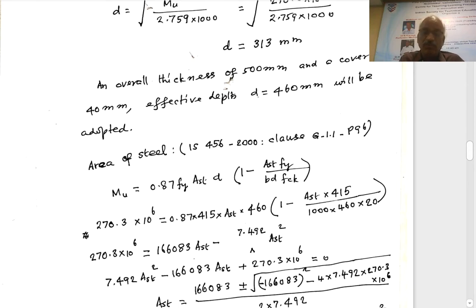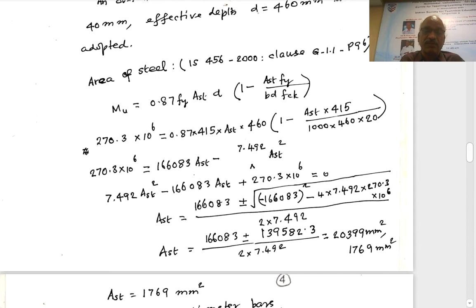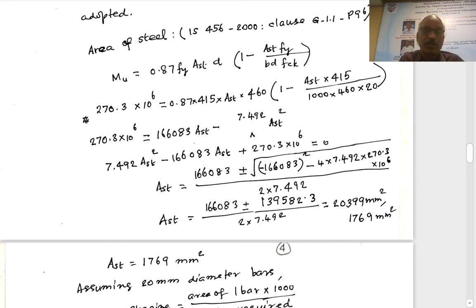Right. Now we have to find out the area of steel. We have designed the thickness at the bottom as 500 mm. Coming to area of steel, again on the same page of the IS code, page number 96, the formula is given for finding the area of steel: Mu equals 0.87 fy Ast d (1 - ...). This formula is available, so there is no need to memorize anything. We simply substitute the values.